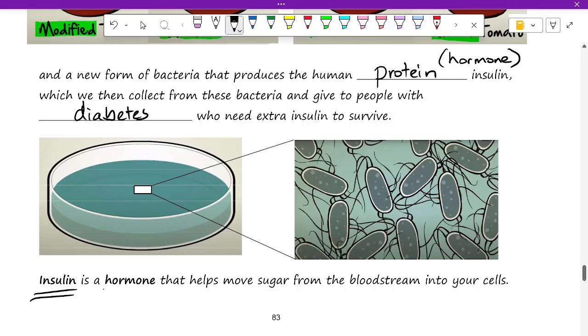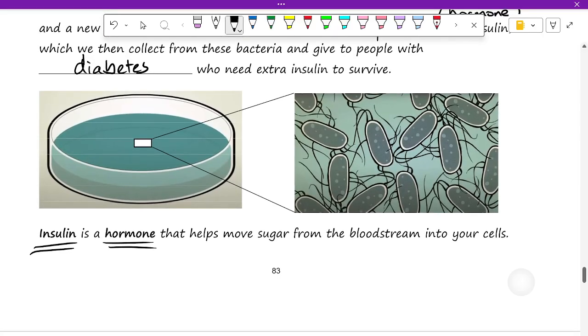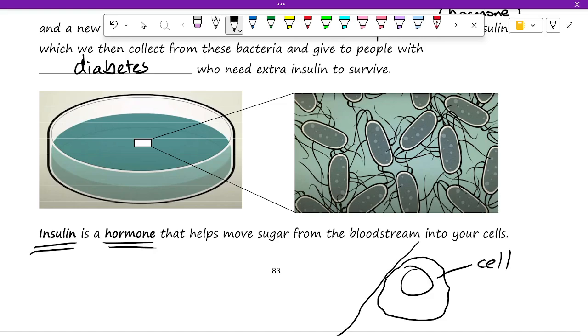Insulin is a hormone that helps move sugar. Here's your cell. Here's your capillary. You guys know what a capillary is? Mini blood vessel.